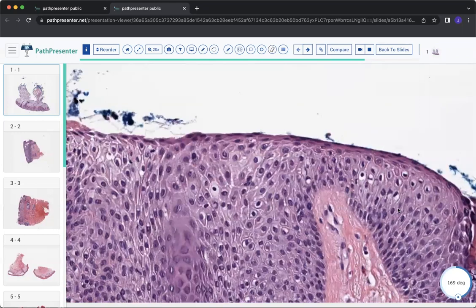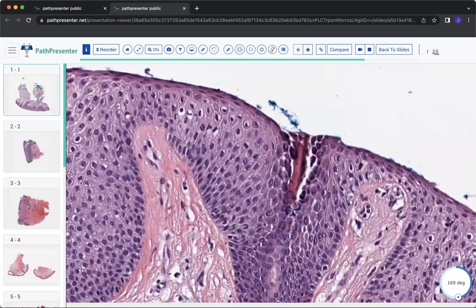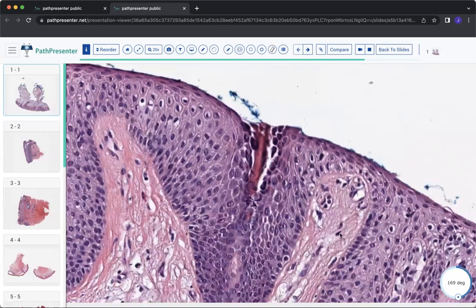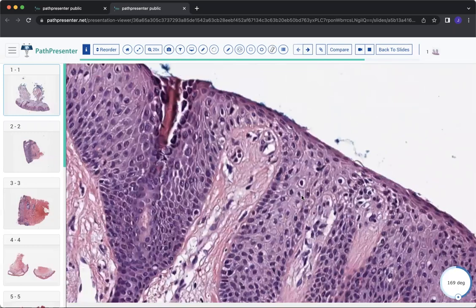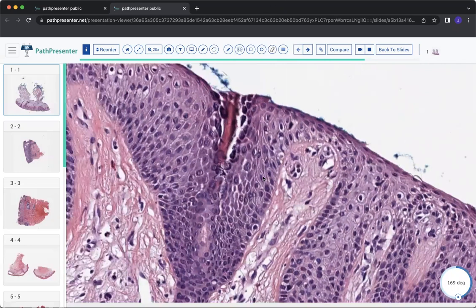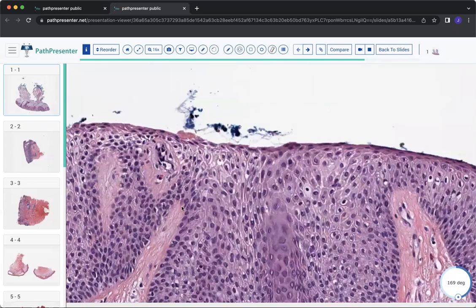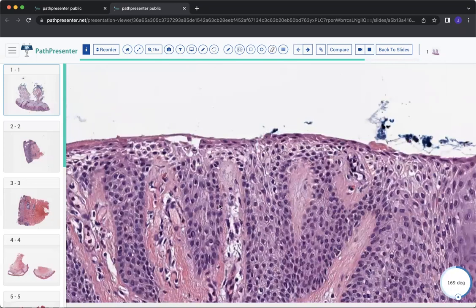Now, if you were just given this picture and were not given any clinical information or direct immunofluorescence information, then what you would actually have to consider is staph scalded skin syndrome, which can look exactly like this.